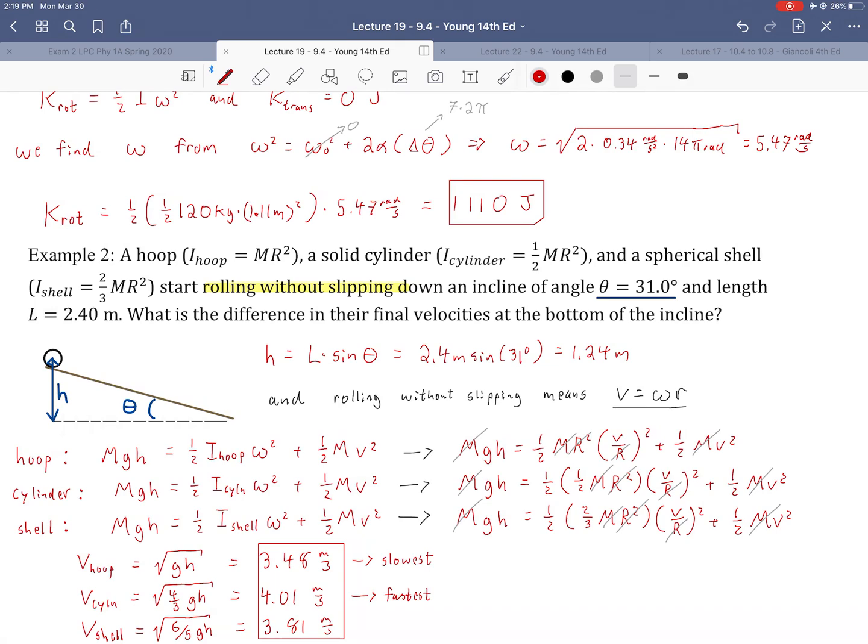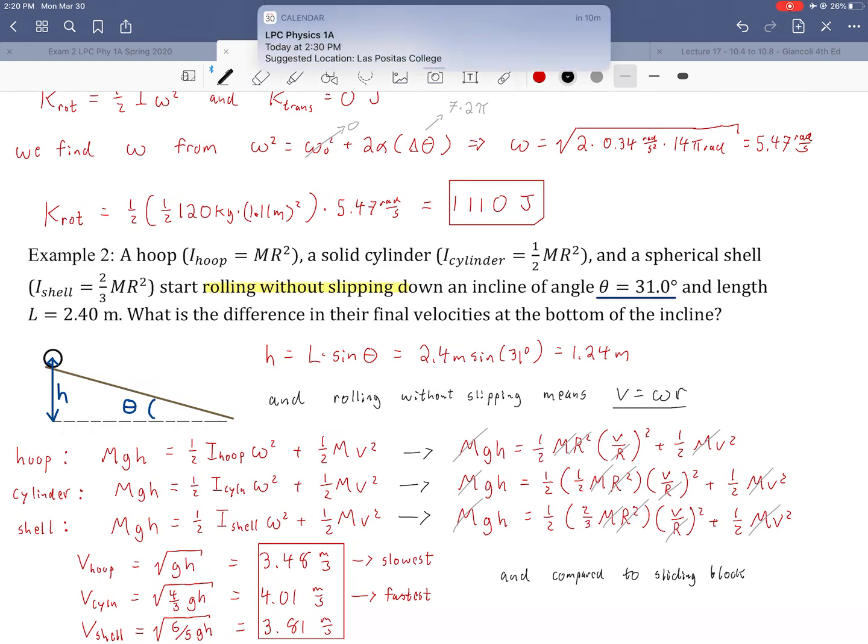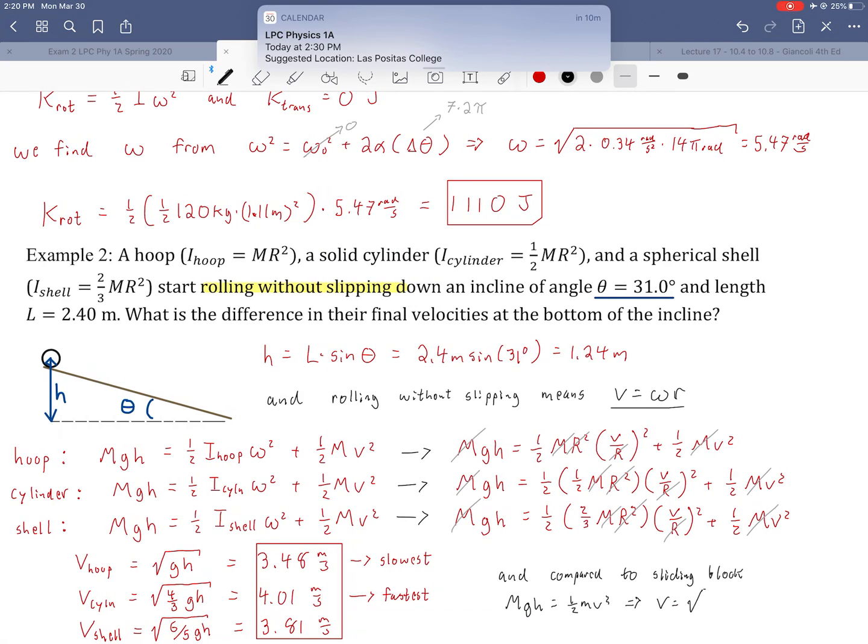All right. And how does this compare to a block that's sliding? Compared to a sliding block, in that case, we would just have mgh equals 1/2 mv squared, which would give us that v equals the square root of 2gh, which would be 4.92.